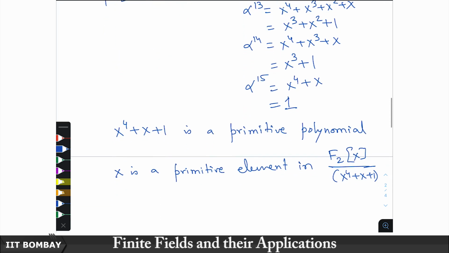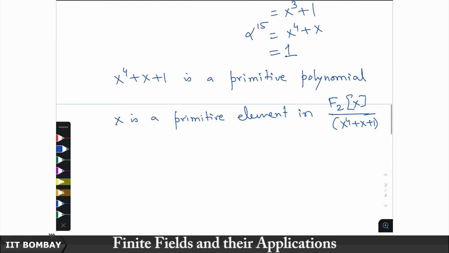Now, there are of course other primitive elements, because this is a cyclic group and x is a generator, and any cyclic group may have many generators, and exactly how many generators are possible, that we have discussed before.